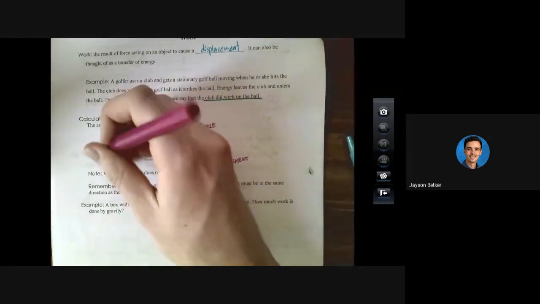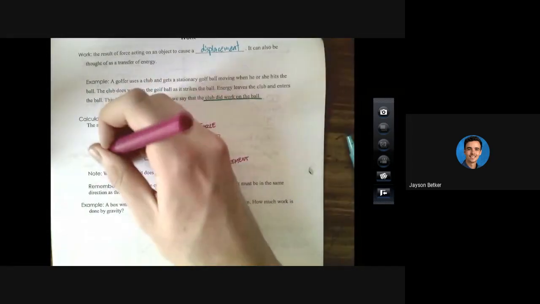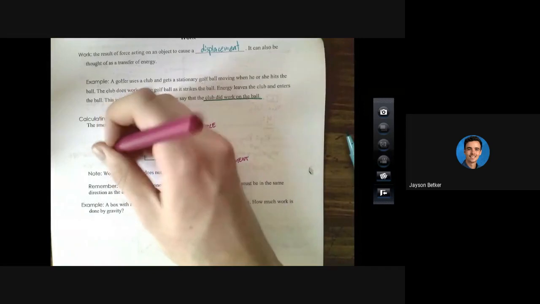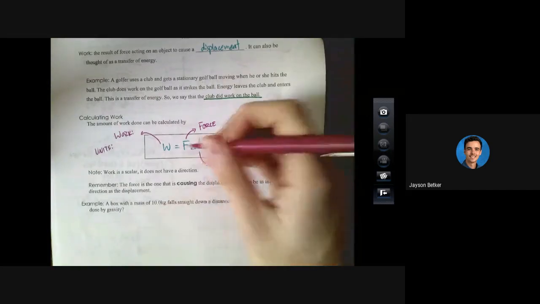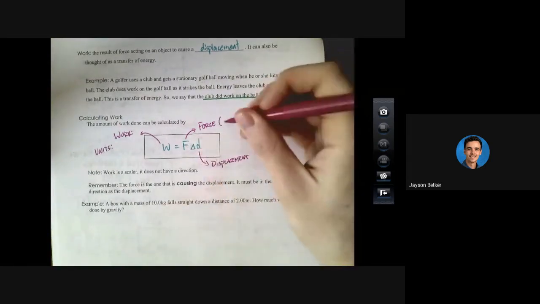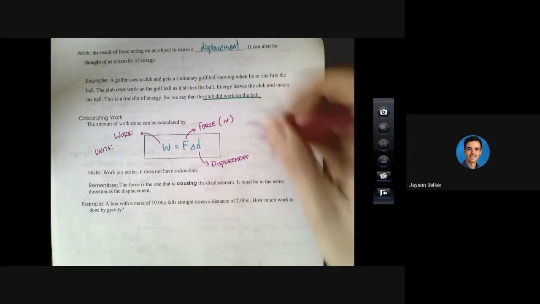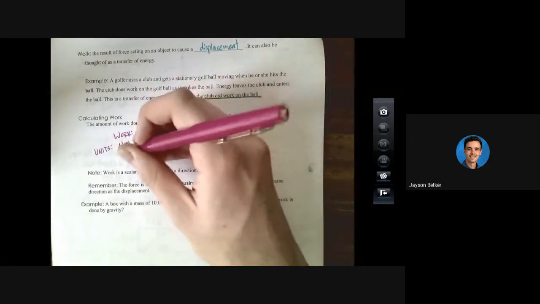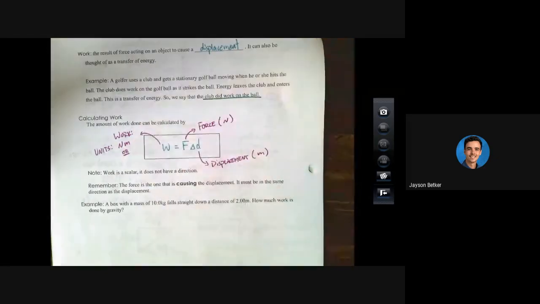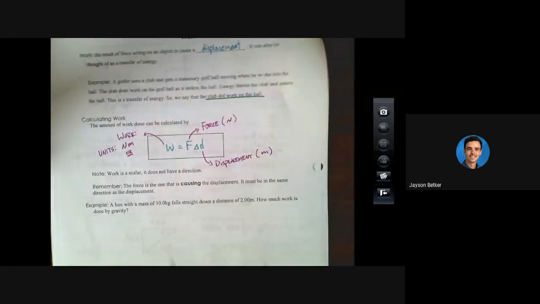Now, work is one of those ones, again, where our unit is kind of not creative. Initially at least, one of the ones that we use is newtons times meter, right? We have the force and we have the displacement. So our units could either be newton meters, or our other option is a transfer of energy.